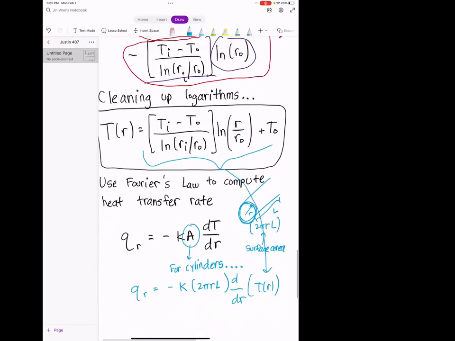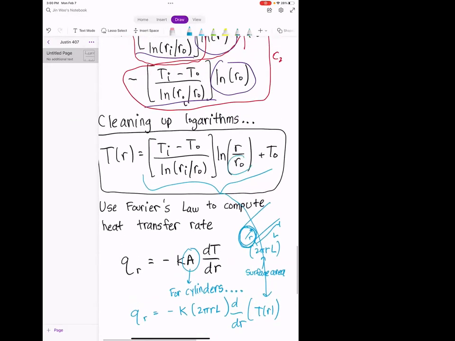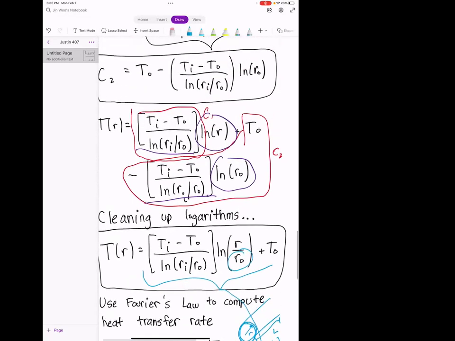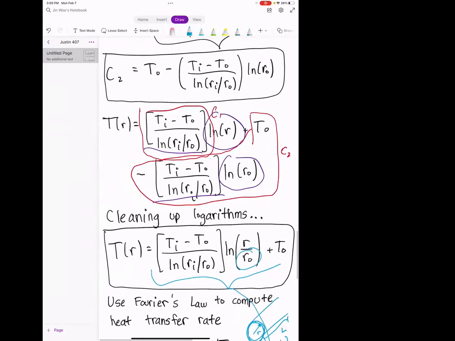Because we have this logarithm right here, it might be easier to compute it off this form. If we look at our temperature distribution, we can see a lot of it is just constants. We have To, which is a constant, and everything right here, everything that used to be C2, is also just a constant.